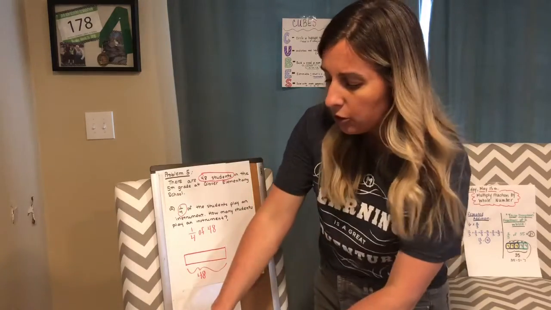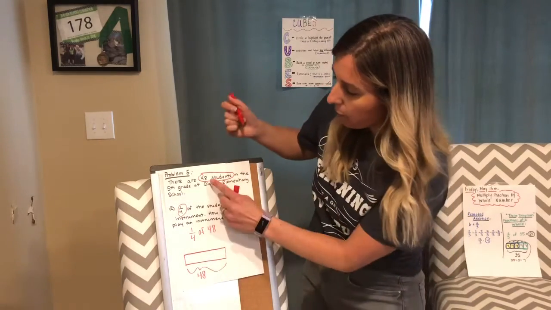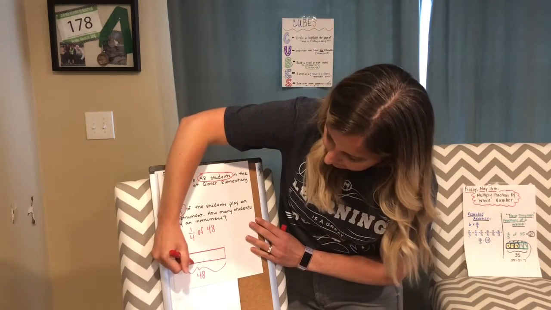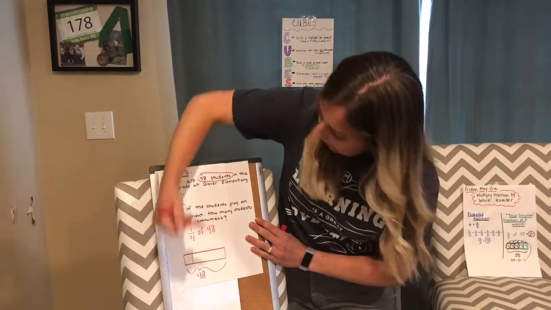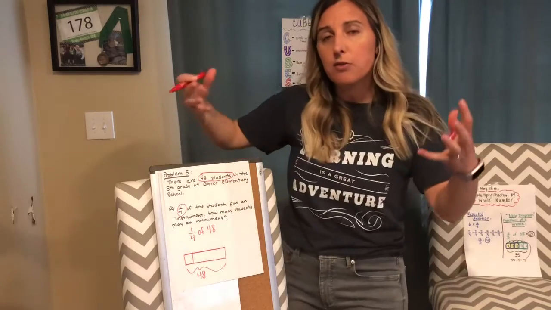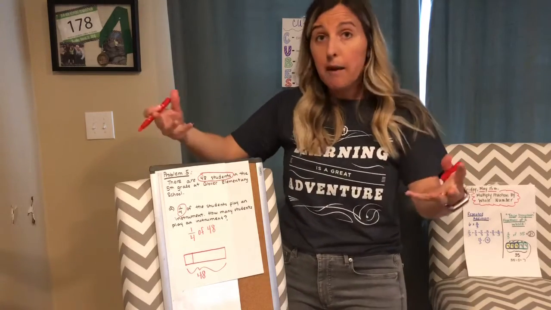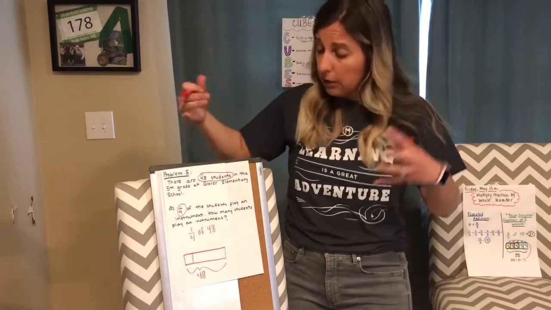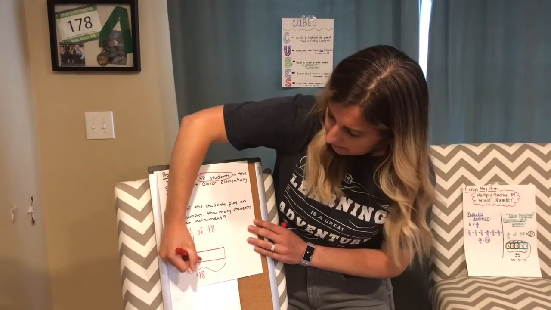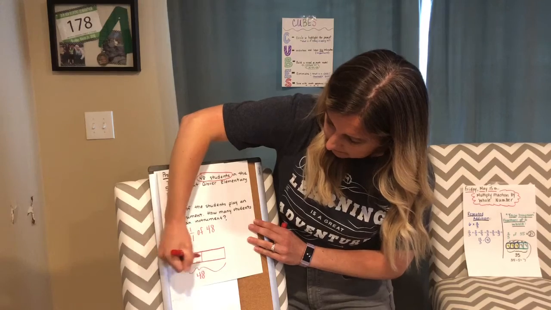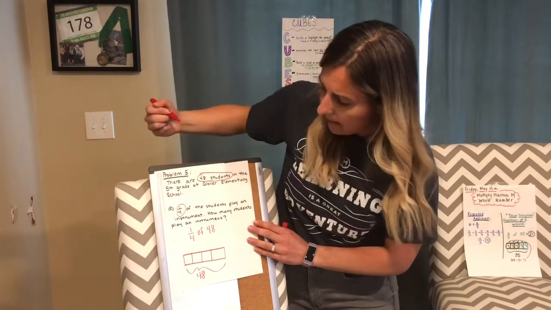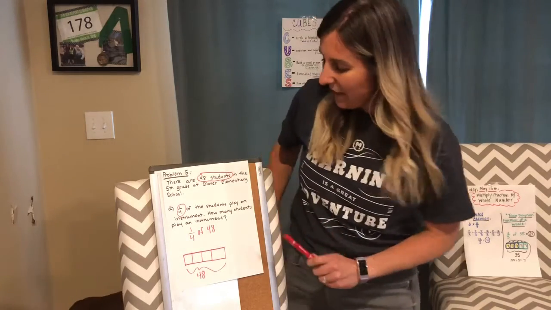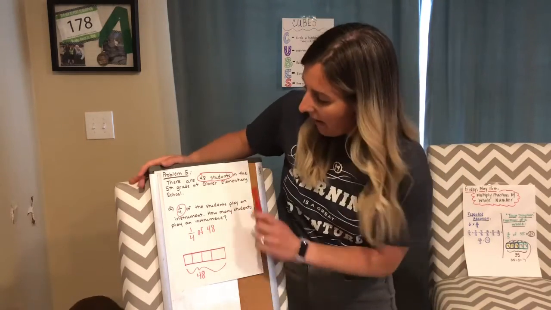So that's showing me that I'm going to split up my 48 into 4 equal parts. Think of them like actual students. You have 48 students in a room and you want to divide them into 4 equal groups here. Okay, my diagram wasn't as equal as I had hoped, but that's okay.